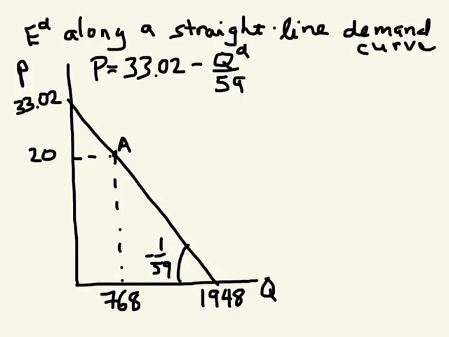Actually, that's the slope implied by the example in the last screencast. Price went up by 2, quantity demanded went down by 118. Negative 2 over 118 is the same as negative 1 over 59. Anyway, so we have it in this form instead.